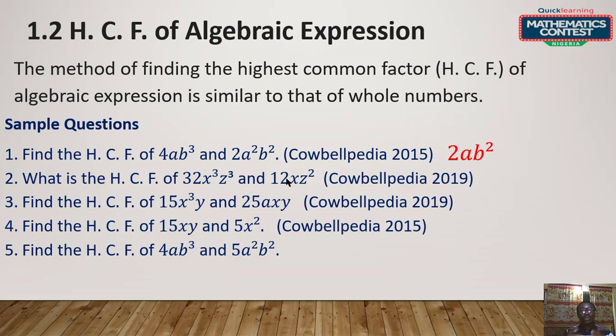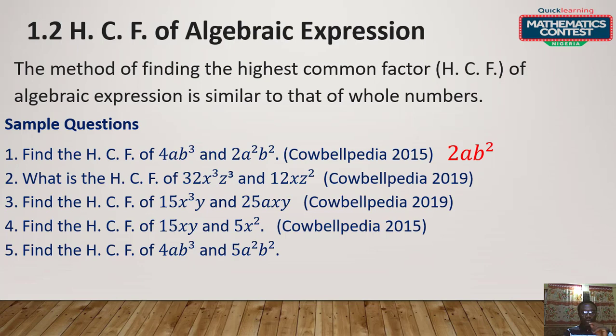I'll look for the product of two numbers such that the product gives 12. The first pair is 1 and 12 because 1 times 12 is 12. The second is 2 and 6 because 2 times 6 is 12. The third is 3 and 4 because 3 times 4 is 12. And I can't get any other two factors whose product gives 12. So the pairs are 1 and 12, 2 and 6, 3 and 4. These are all the factors of 12.